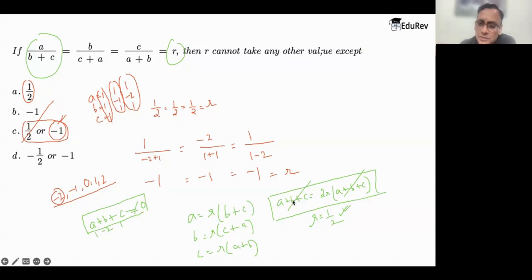If it is equal to 0, then 0 is equal to 0 you get on both sides. So that is also a possible value. So any such combination which I take, 1, -2, 1 makes A plus B plus C equal to 0. And hence that is also a possible answer, in which case R will become equal to -1, as you saw here. Hence, this becomes my answer for this question.